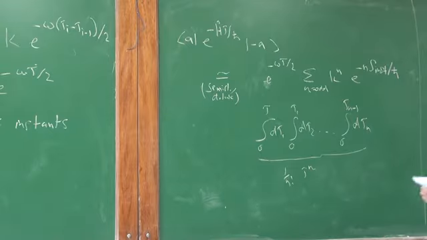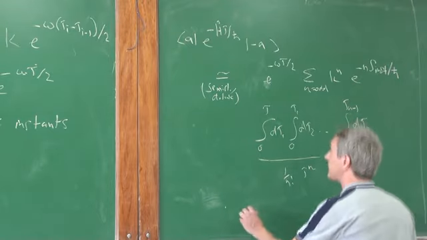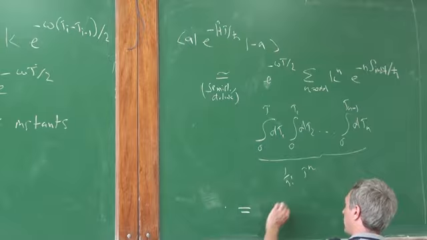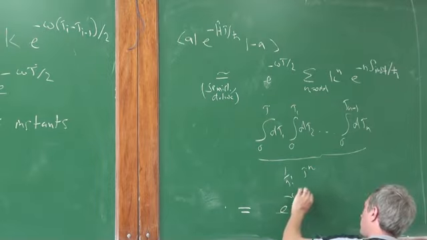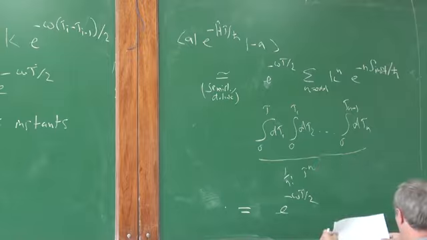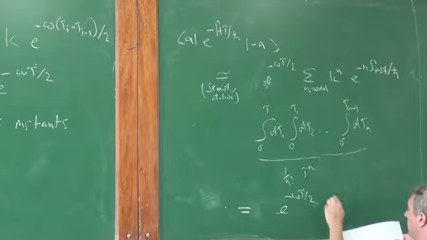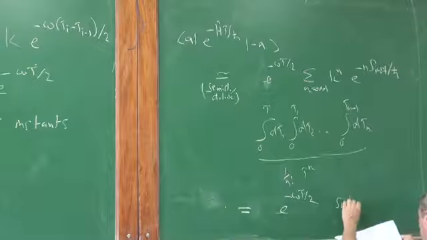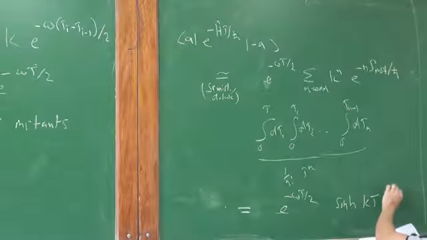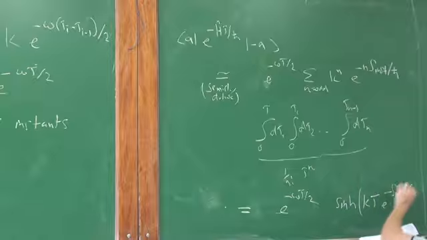Now we can just sum this. Keeping the first factor e to the minus omega tau over 2, you get sinh of k tau e to the minus S of one instanton divided by h bar.